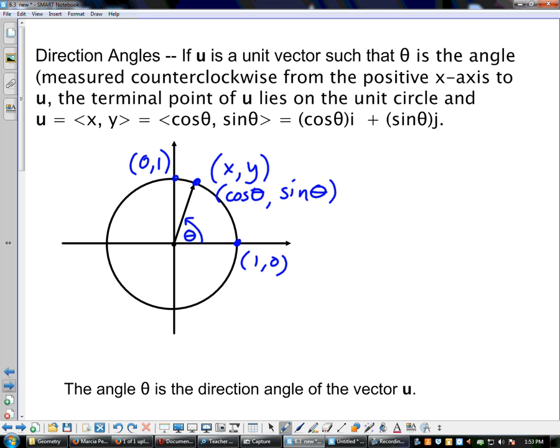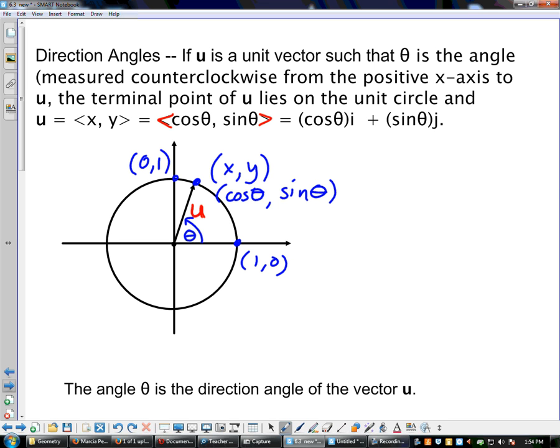So we could say that this vector u, which is a unit vector, has a direction angle of theta, and it has its terminal point at x comma y, or we could say its terminal point is at cosine theta, sine theta, which is why we can write it with cosine theta, sine theta in the vector braces. In component form, that's what it would be. Agreed?